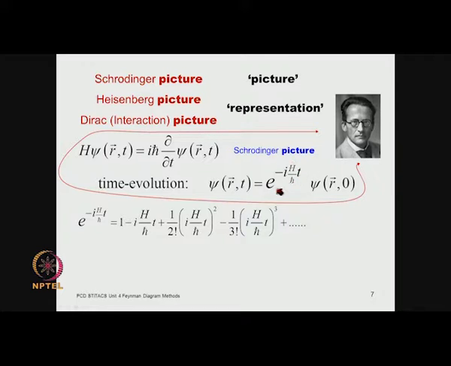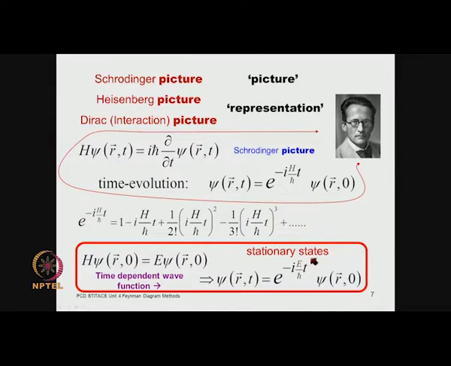This exponential of an operator is understood as a power series expansion, so that the Hamiltonian can operate as many times depending on whether it is the first term or the next term and so on.